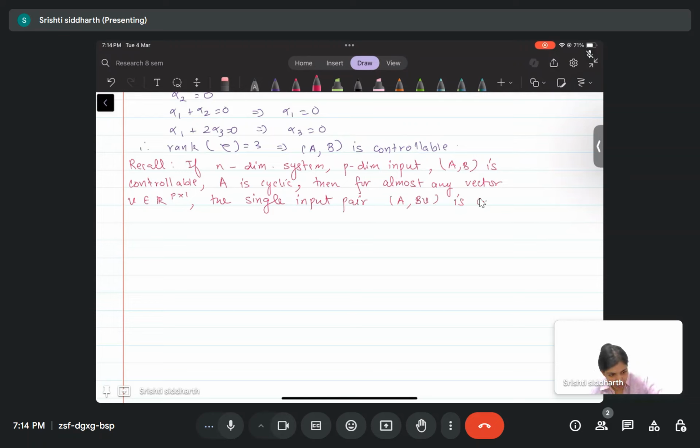Okay. So what we're trying to do is transforming the multi-input case to a single input case.